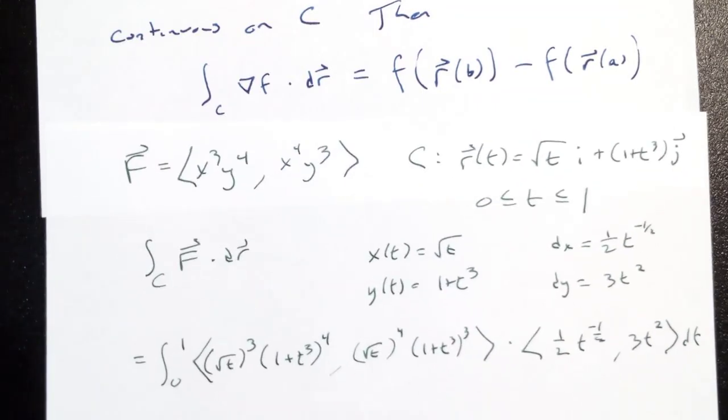Does that integral look like fun? No. No, this integral looks disgusting. I'm going to have to multiply out all of these polynomials. I'm going to have to distribute all of this, do the dot product. This is going to take me forever, right? Forget this.